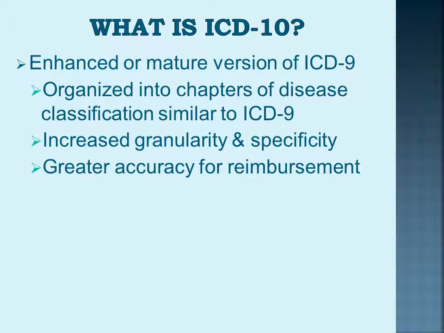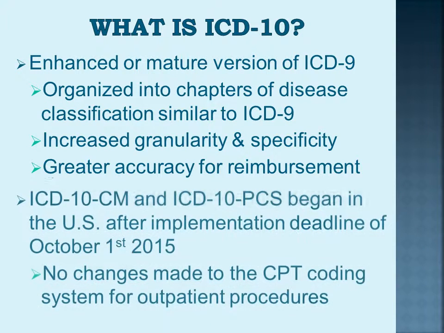So ICD-10 is the enhanced or mature version of ICD-9. As we said earlier, it's the 10th revision of the International Coding System. ICD-10 is organized into 21 chapters of disease, very similar to ICD-9 chapters, except that it has increased granularity and specificity, greater accuracy for reimbursement and billing purposes.